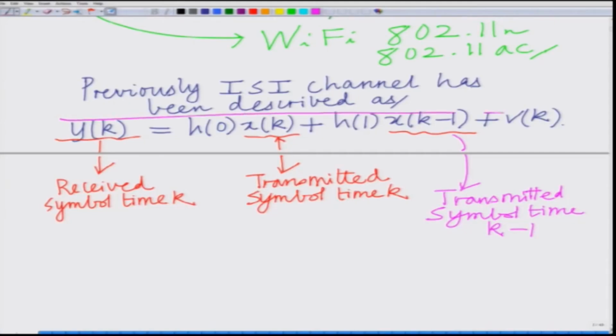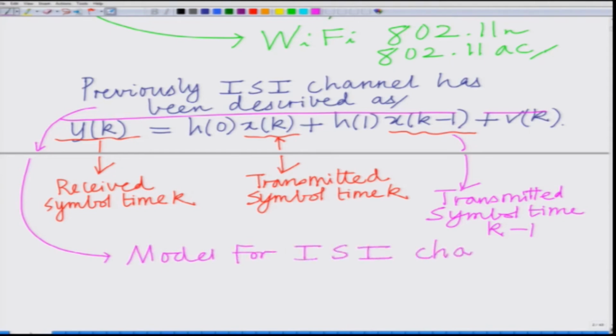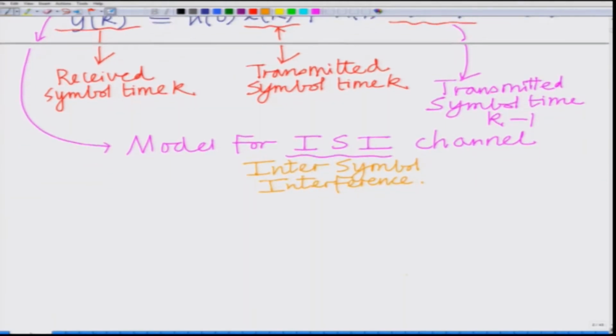This is the model for your ISI channel, where ISI stands for inter-symbol interference.